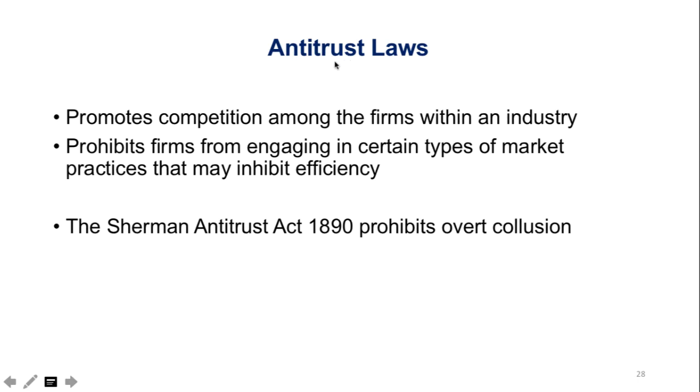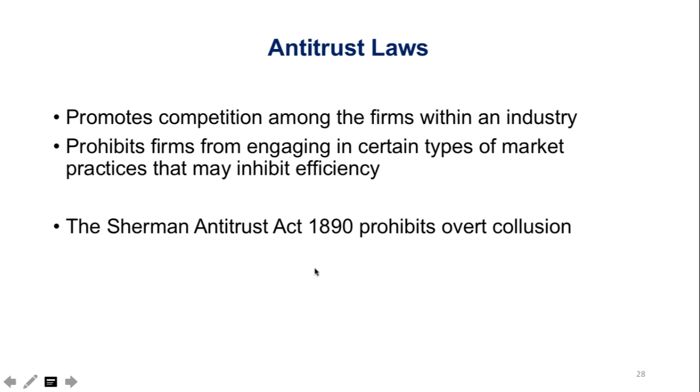The main objective of the antitrust laws in the United States is creating a very efficient, competitive market. These laws promote competition among the firms within an industry and prohibit engagement in certain types of market behavior that decrease efficiency.